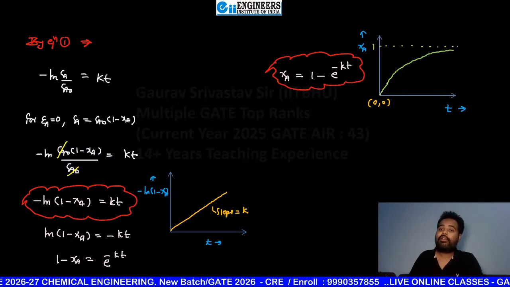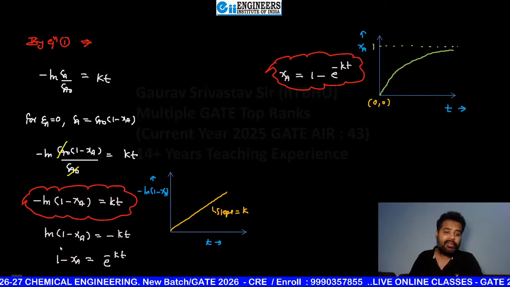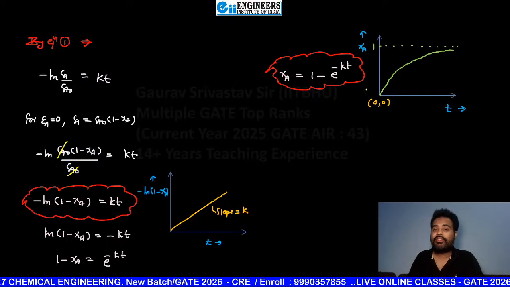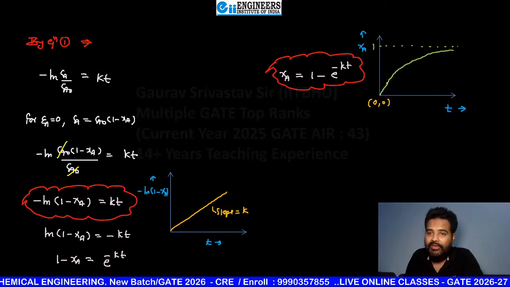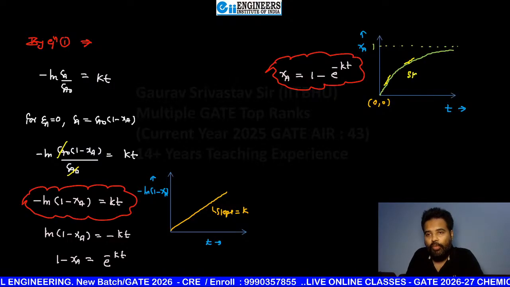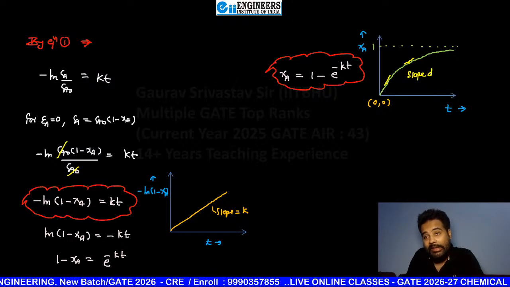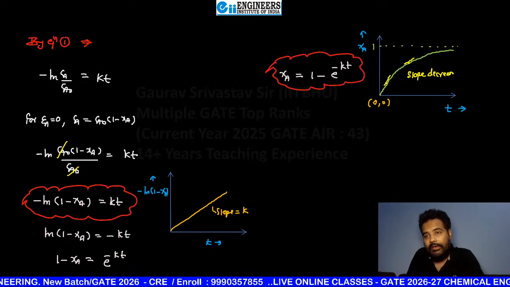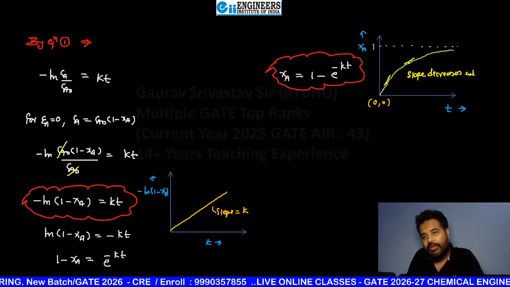So clearly here also you can see, with respect to time, slope decreases. See, slope here more, here less. So slope again, my dear students, decreases with time. Same nature, na.